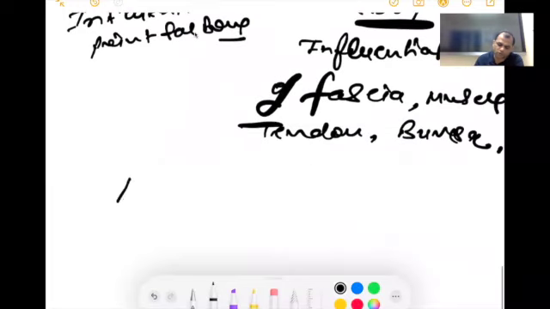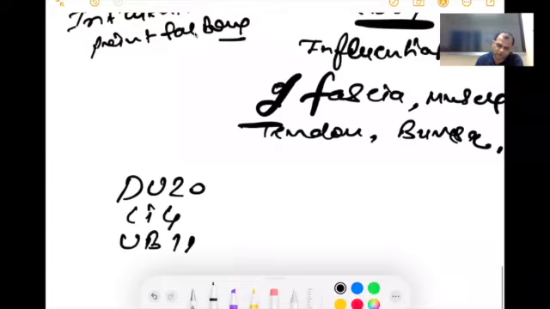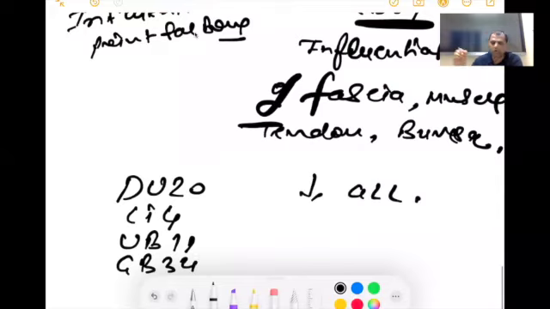So our protocol will be DU20, LI4, UB11, and gallbladder 34, sedate all. So this is the common protocol.